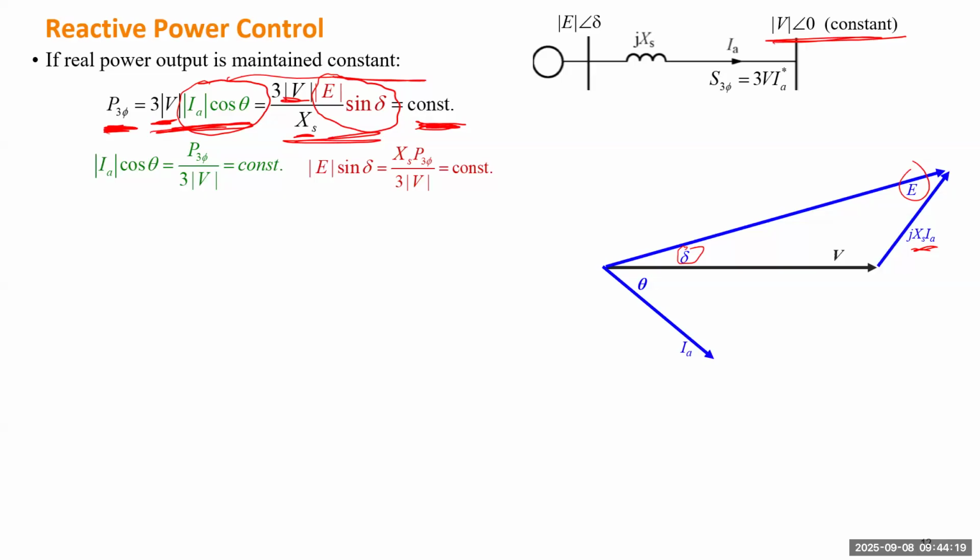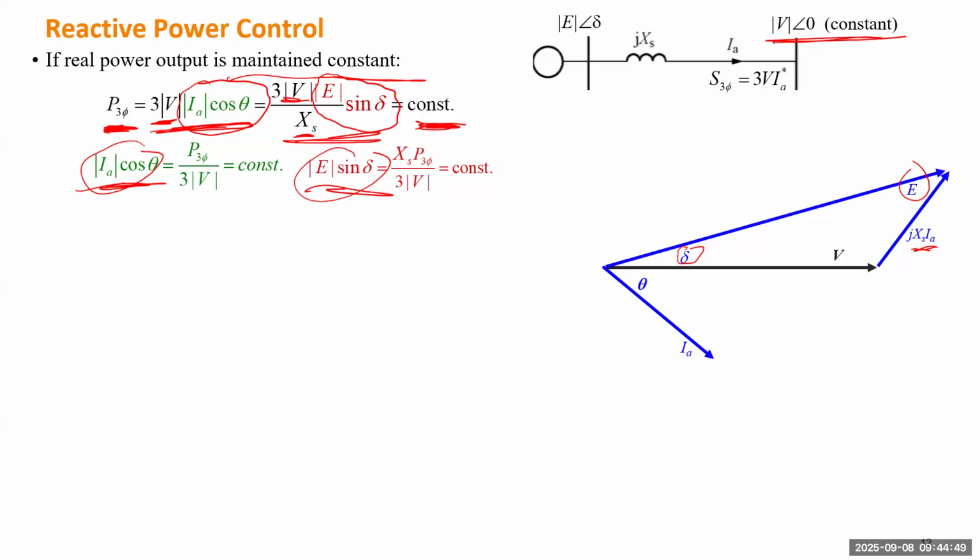Next, we're going to change. Because we know that this product is constant, and this product is constant, it doesn't mean the current IA and E need to be constant. They can change, but they just need to maintain each item here to be constant. So IA multiplied by cosine theta, which means the IA projection to the x-axis.